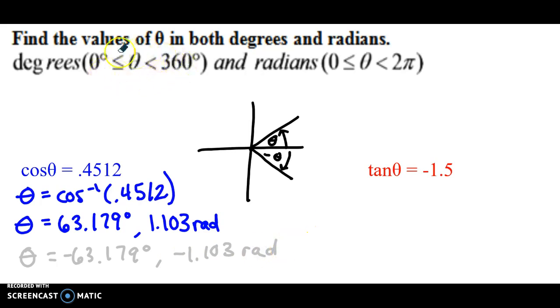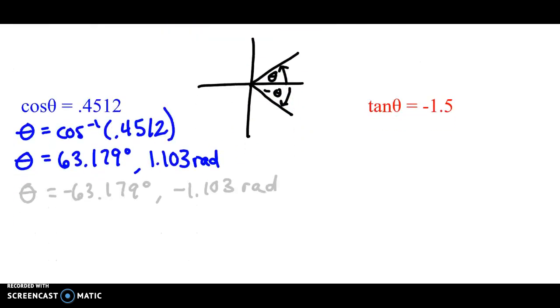But check out our domain here. That's not going to work out. So how am I going to figure out what angle this is that's within our domain? Well, we just talked about coterminal angles. I could figure out its coterminal angle by adding 360 and by adding 2 pi.